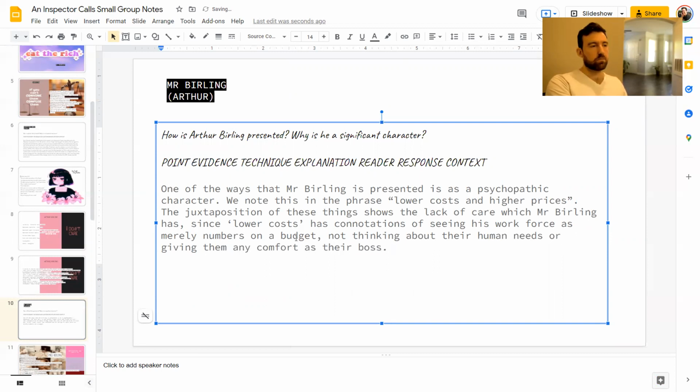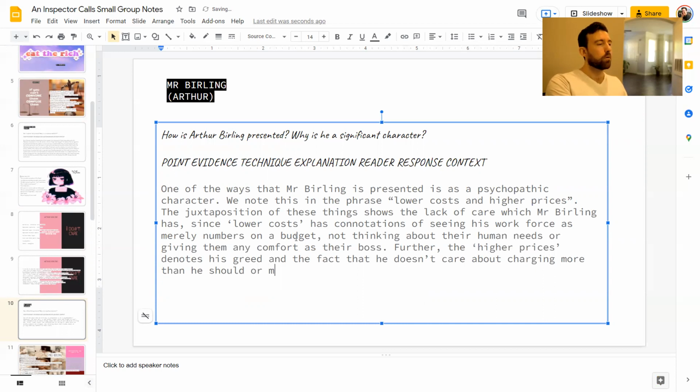So that's very psychopathic. Further, the higher prices denotes his greed and the fact that he doesn't care about charging more than he should or more than customers can easily pay. He doesn't want to benefit them, he only wants to benefit himself.